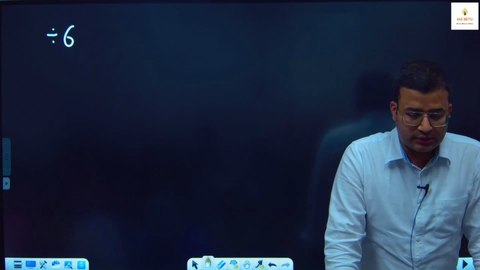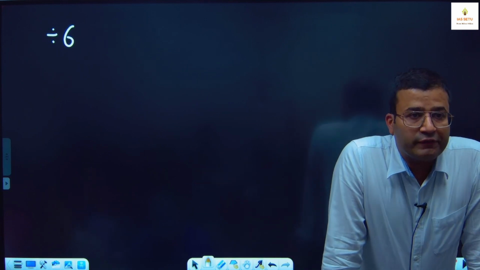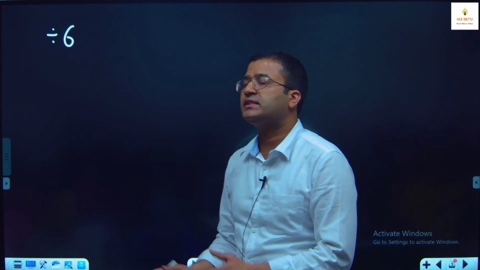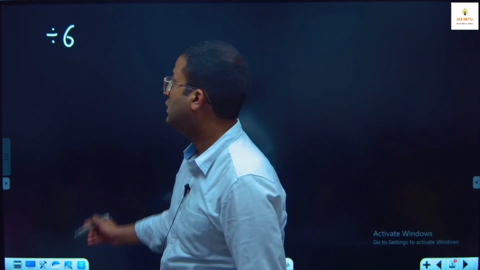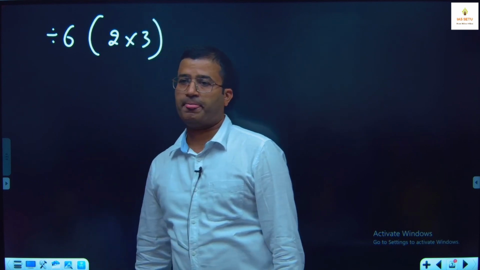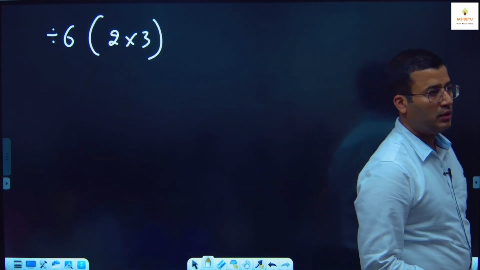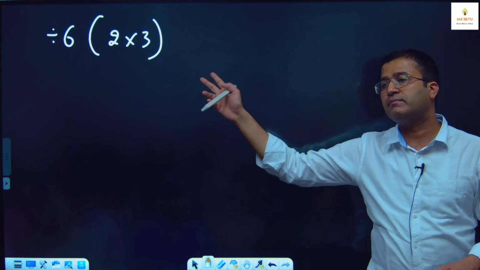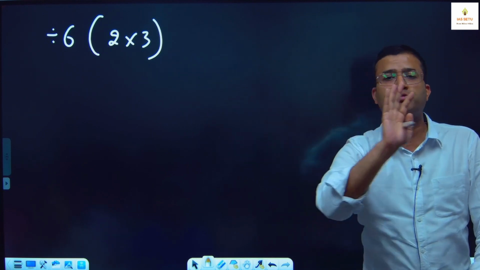Divisibility of 6. What we do, rather than checking directly, we break 6 as a multiple of two numbers, that is 2 and 3. And these 2 and 3 have to be co-prime. मतलब we have to break numbers such that these 2 numbers are co-prime.